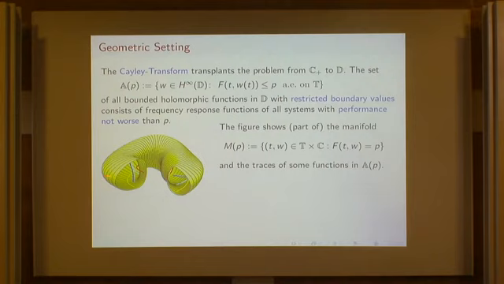So this means our functions have to lie inside this target manifold. What we get is a family of functions A of P, which consists of all holomorphic functions which have traces inside this target manifold for a given value of P. And now we have to shrink this target manifold as much as possible to get the optimal performance. This is Helton's optimization problem, reformulated in terms of these target manifolds.